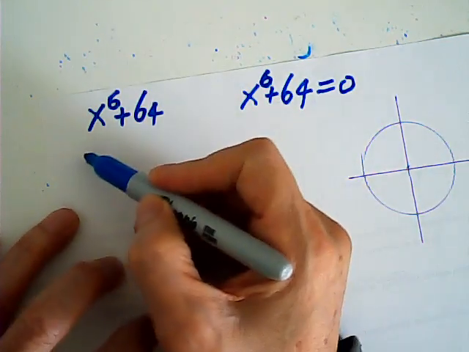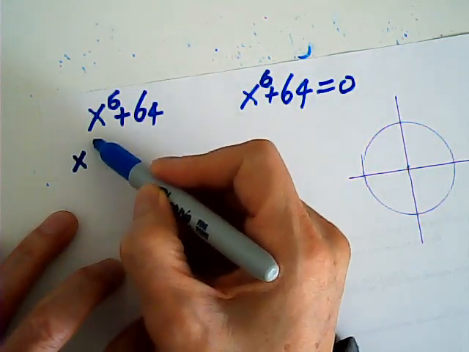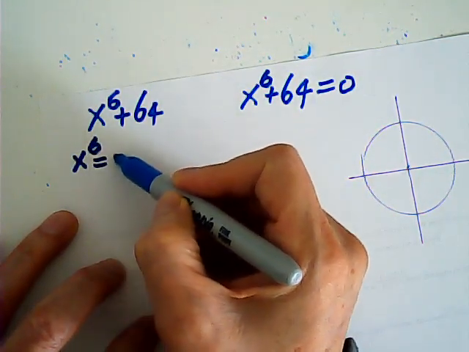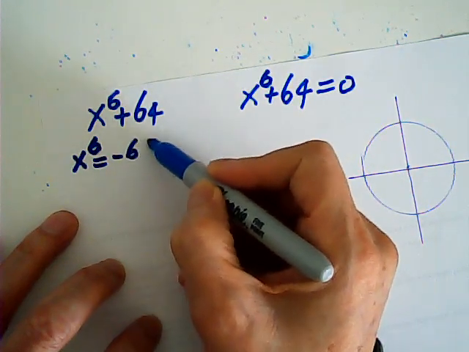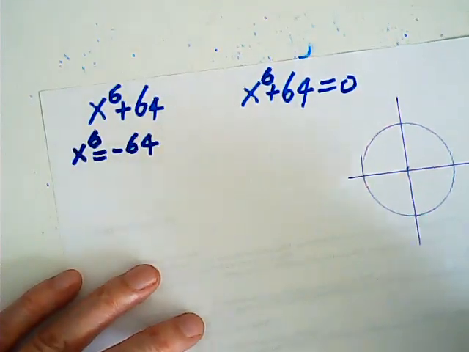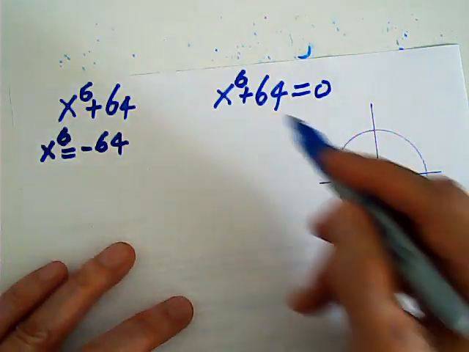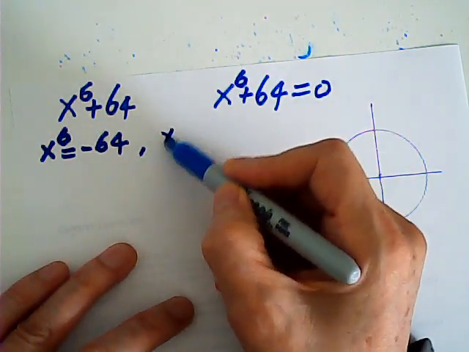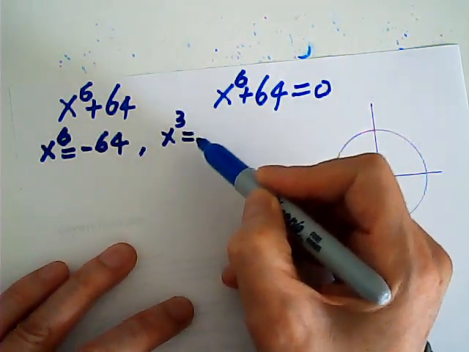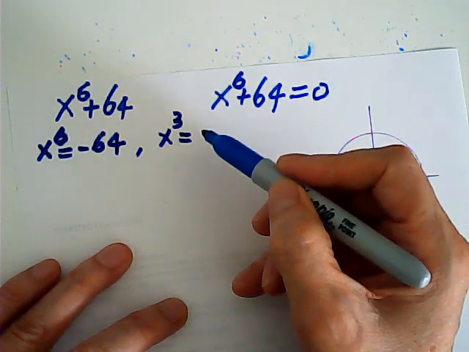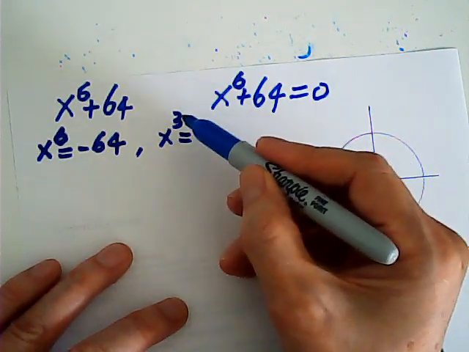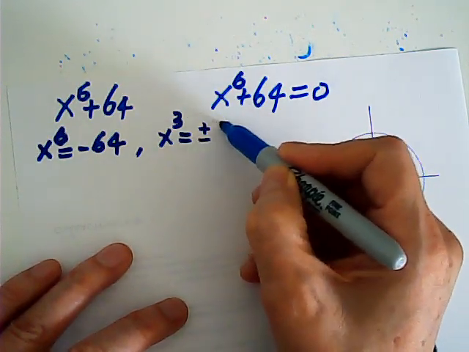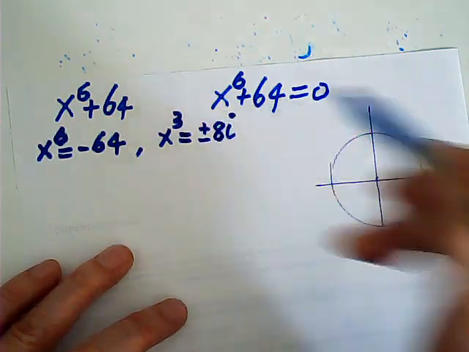This equation is x^6 equal to negative 64, which means x cubed is equal to plus or minus 8i, right?